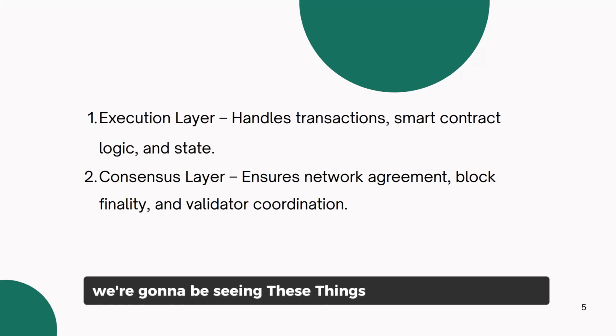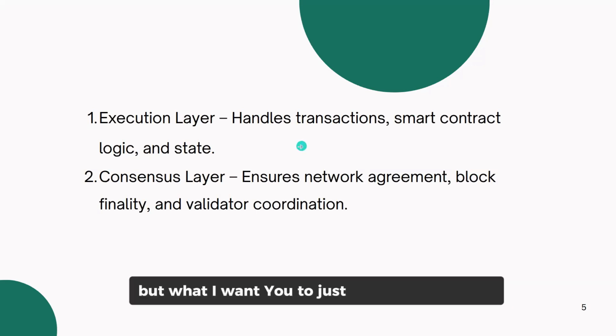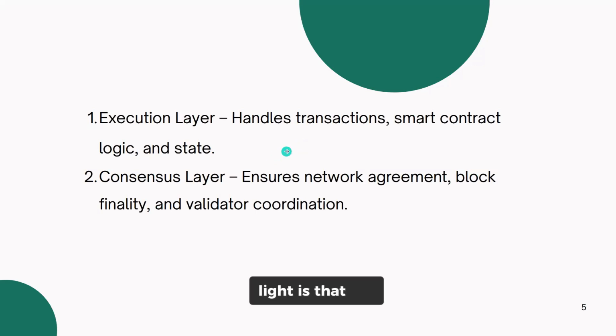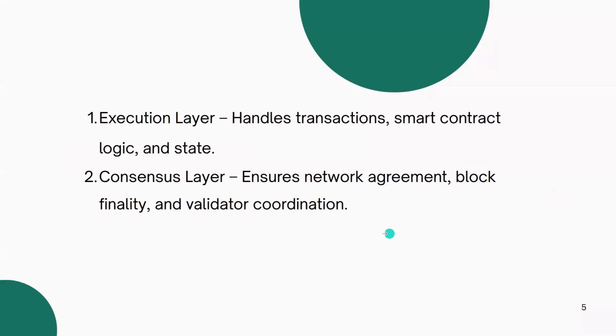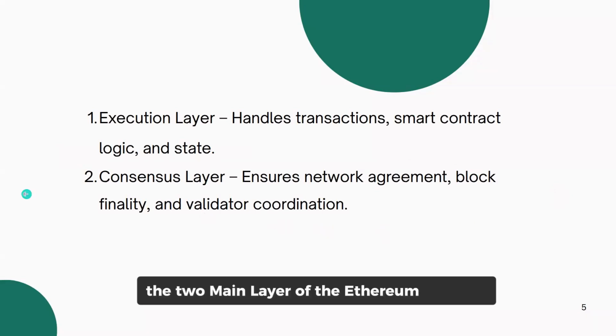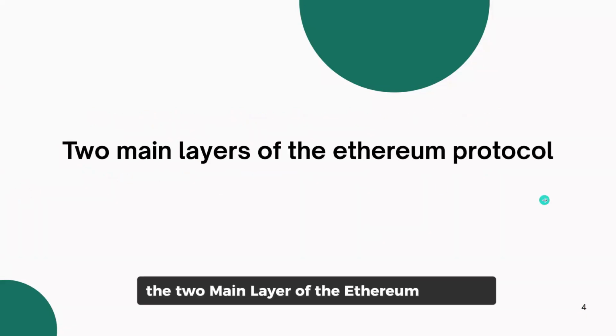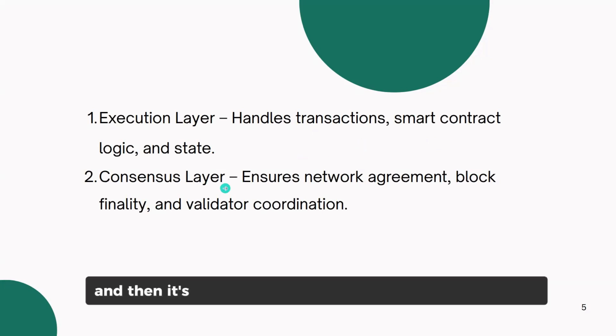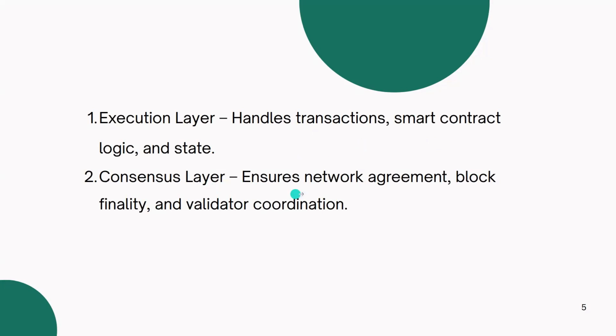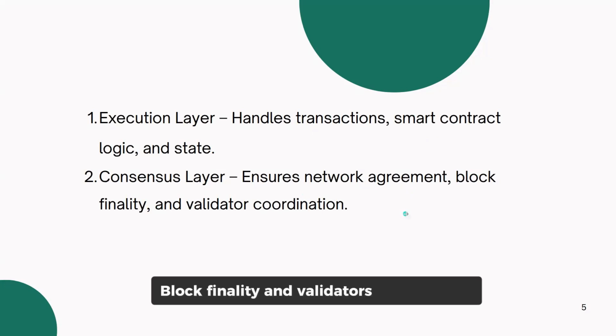We're going to be seeing these things as we advance further, but what I want you to note from this first slide is that the two main layers of the Ethereum protocol are the execution layer and the consensus layer. The execution layer handles transactions, smart contracts, and state, and the consensus layer ensures network agreement, block finality, and validators coordination.